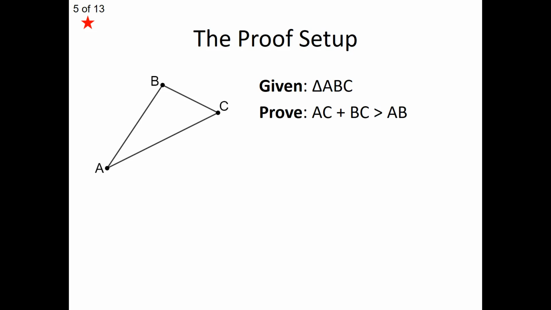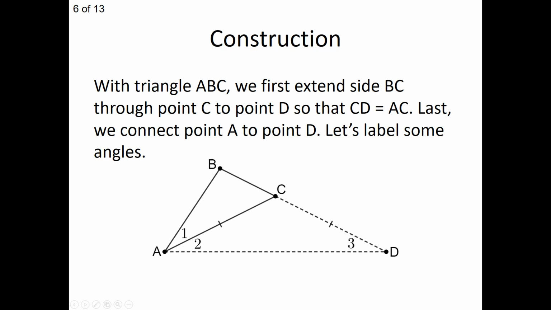Then we'll connect A to D, forming a new triangle. Let's take a look at our construction. With our triangle ABC, we extend the segment BC out through point C to a given point D. We want CD to be the same length as AC. In other words, CD and AC are equal in length, and we've marked those.